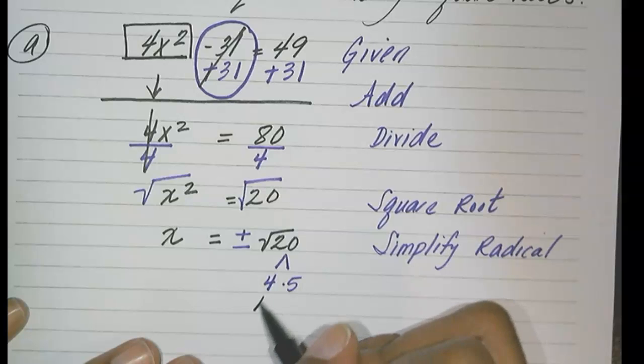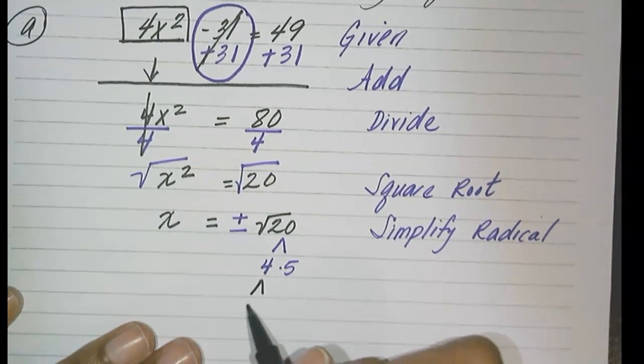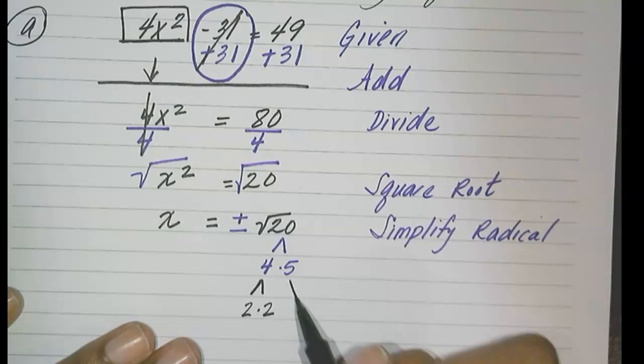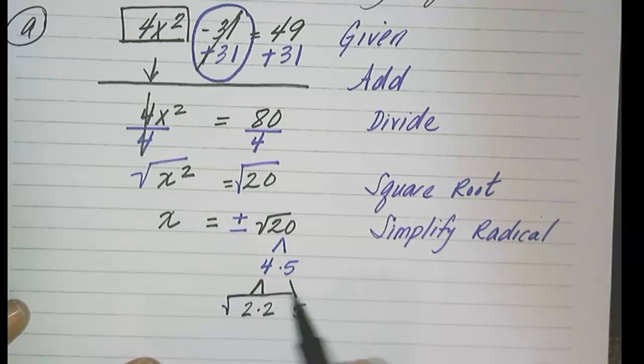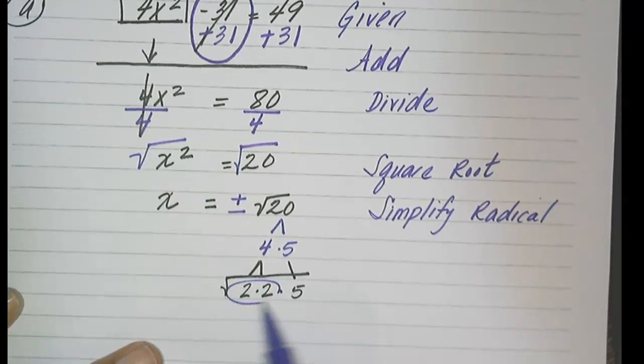Then 4 can be broken down to 2 times 2. We didn't do anything with the 5. We have all of our prime numbers. This is all still under the radical, okay? Because 2 times 2 times 5 is 20. But once again, how did they leave the party? In pairs.